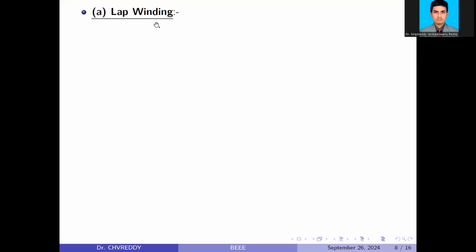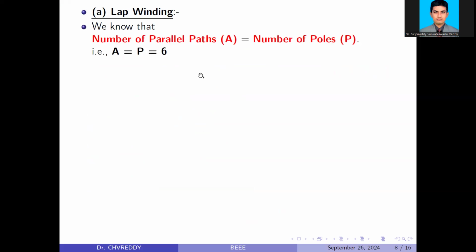The first one is the lap winding. We know that in the lap winding, the number of parallel paths is equal to the number of poles, so A equal to P equal to 6. Here the number of poles they have given is 6, that is equal to A.